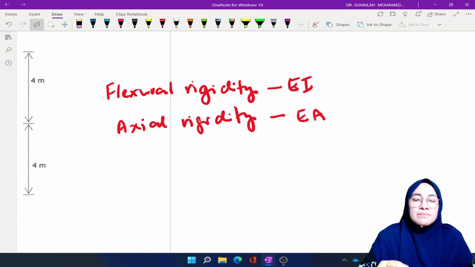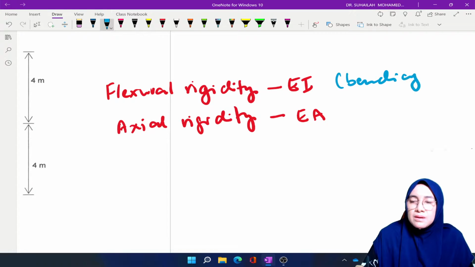So flexural means bending, and another one is axial. So consider bending effect only means we need to consider EI only, and we can neglect the effect coming from axial rigidity.